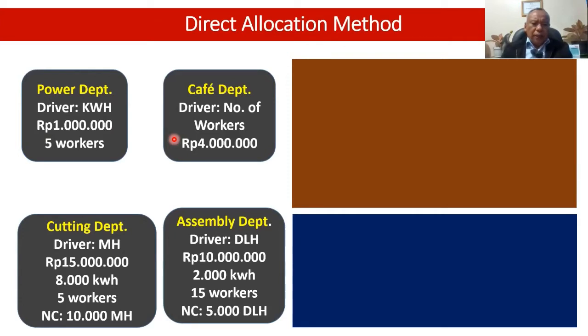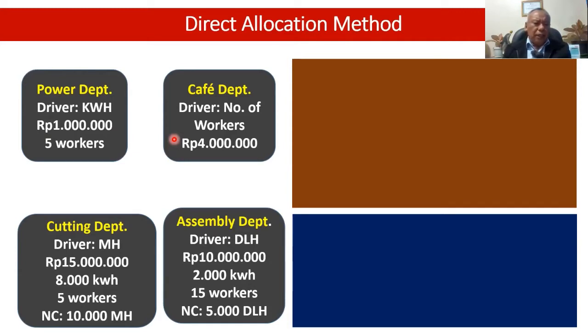When we want to allocate the cost of service departments to producing departments, we have to know the driver that we should use for each department, either service or producing.